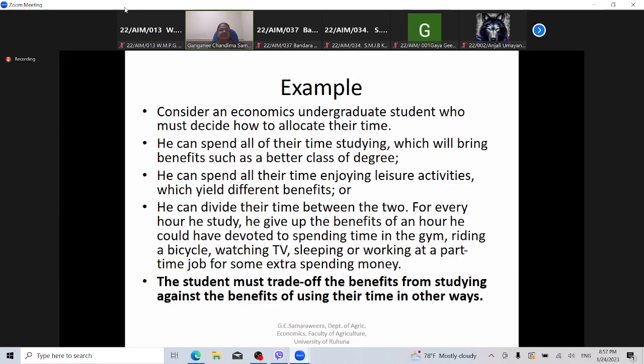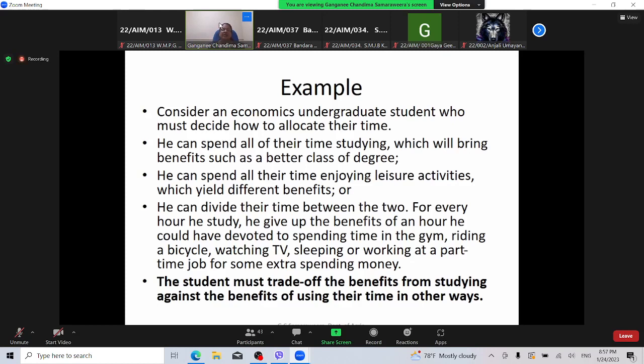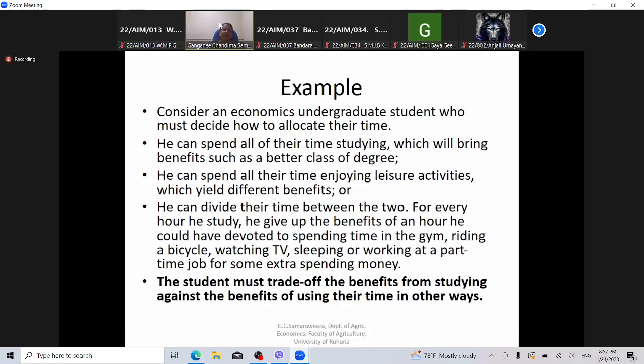The benefit is he can get a better degree or better grade. Then the other way, he can spend all his time enjoying leisure activities, playing and doing his hobbies. Another option, he can divide his time.